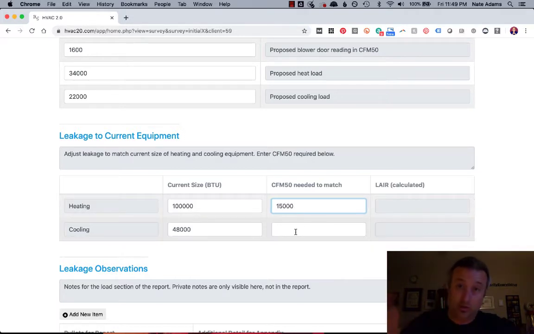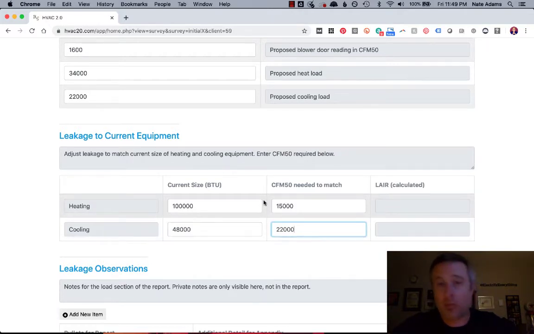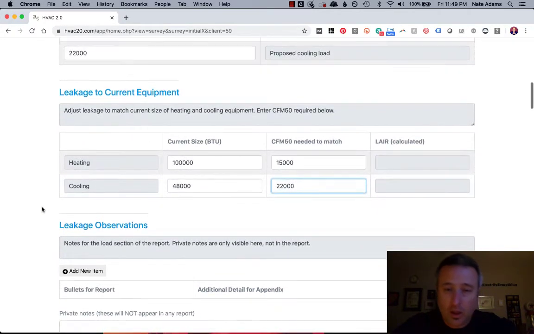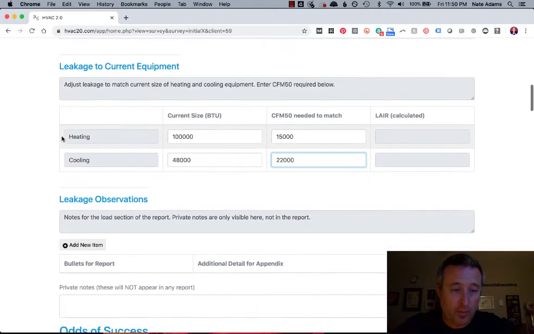It's at 2,800 now, so that's hugely leaky. I very seldom see a house that leaky. And then for cooling, you oftentimes have to move it even more. That house was 22,000 CFM50, so almost 10x as leaky as this one, which happened to be a 2,800. And now that you've got that stuff populated, there's a chart that will pop up.